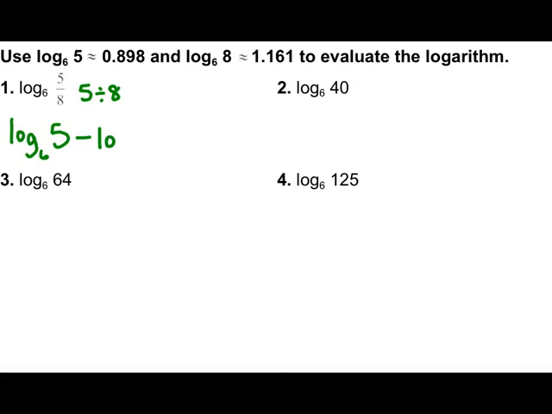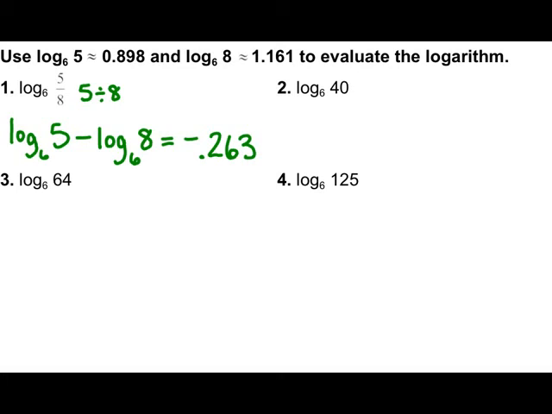I do log base 6 of 8. And then I just plug in their decimal values. So 0.898 minus 1.161 yields a solution of negative 0.263, which is actually the exponent. So if I took 6 to that value, I should get approximately 5/8.